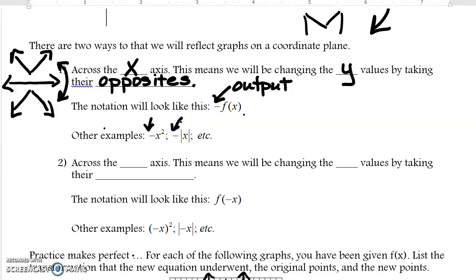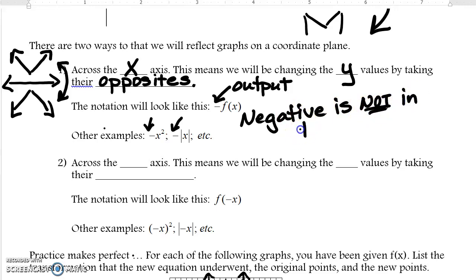These are all output changes. So that tells us we are going to reflect from the top to the bottom over that x-axis. So negative is not in the grouping symbol. So you'll have to look at your function and decide what that grouping symbol is.